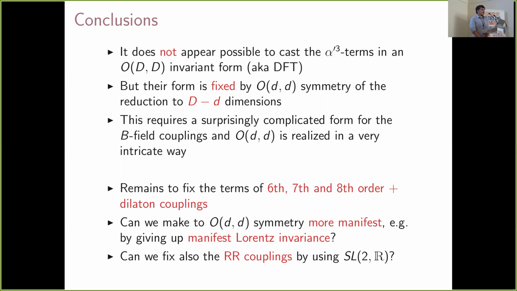Okay, so as another way of checking this obstruction that we find in 10 dimensions, you could try to reduce on something other than a torus and see if you can get rid of the obstruction. I haven't thought about it. In principle, you can try. Yeah, okay, thanks.